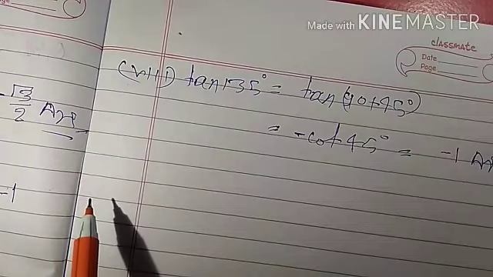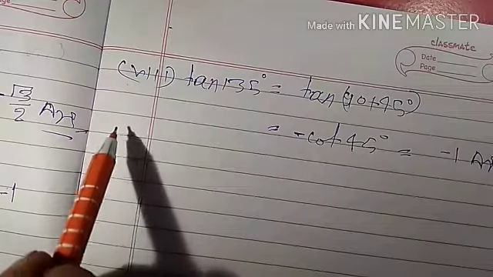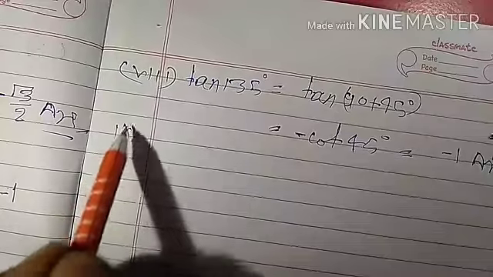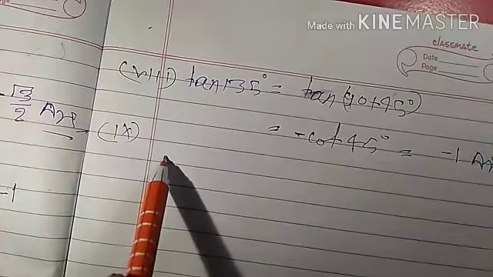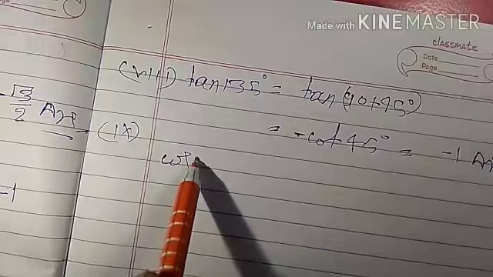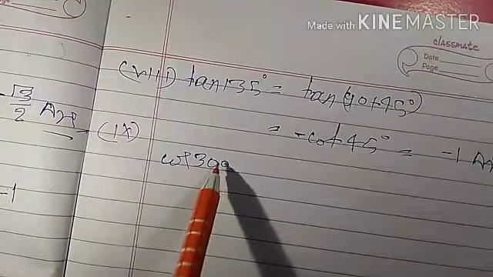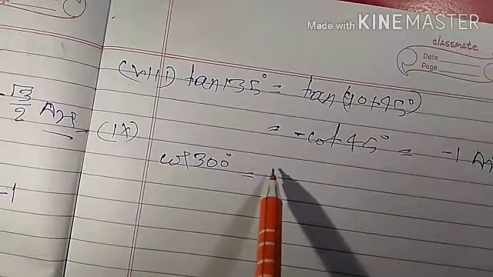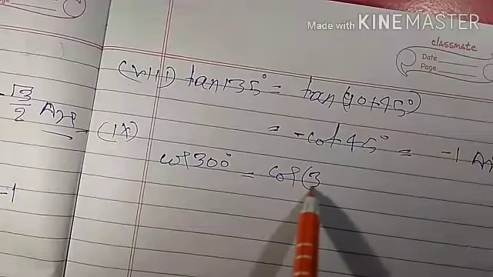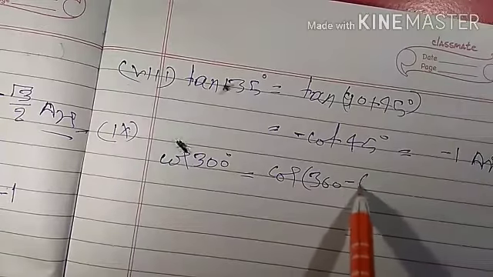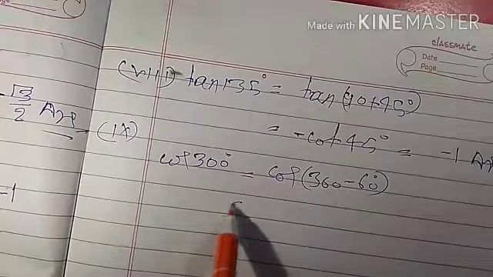Next question, number 9: cos 300 degree. We can write cos (360 minus 60) degree.